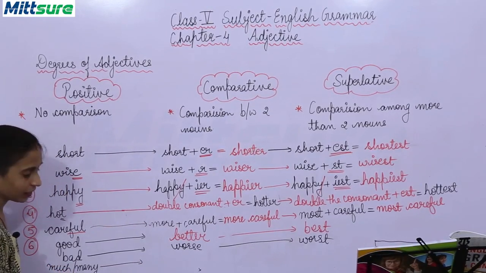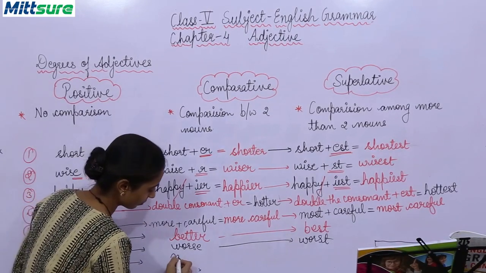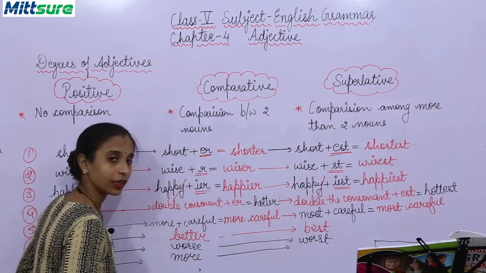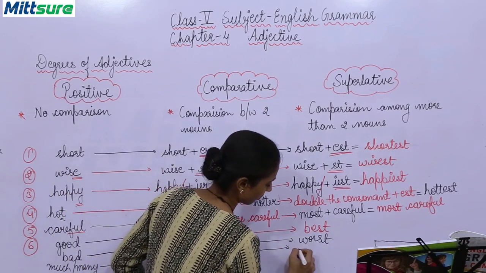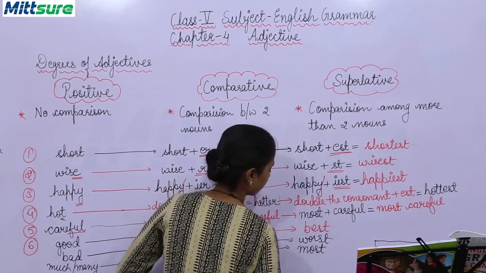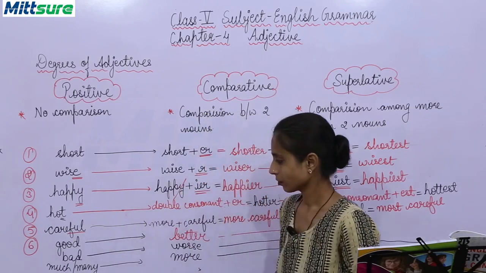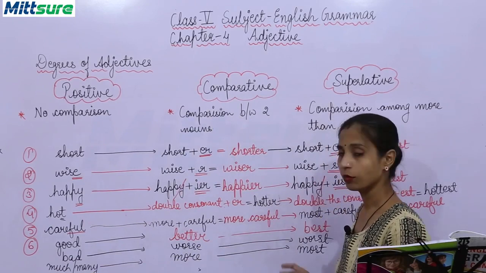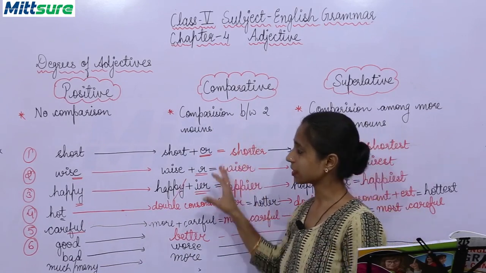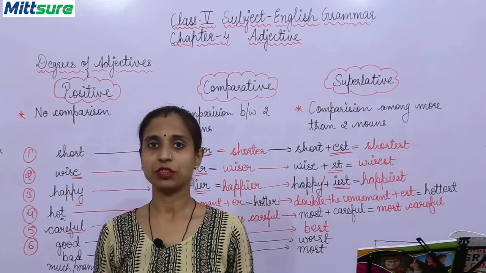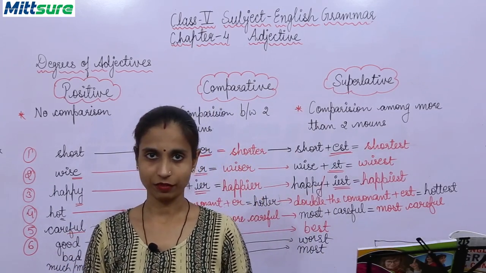Much or many changes to more and most. So, these are the few rules for changing the positive degree into comparative and superlative.